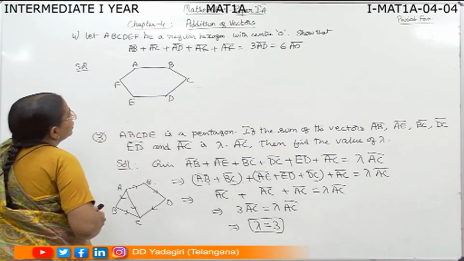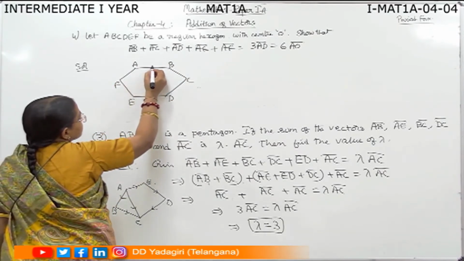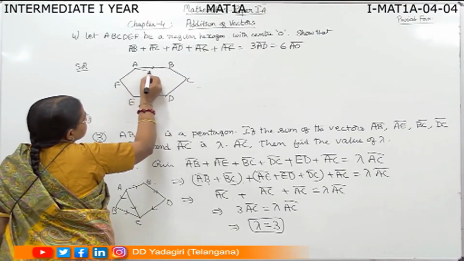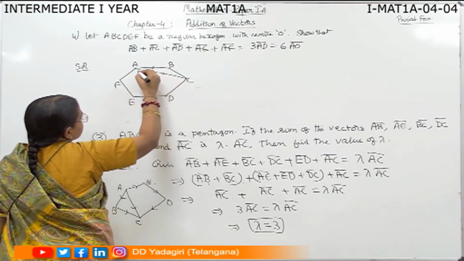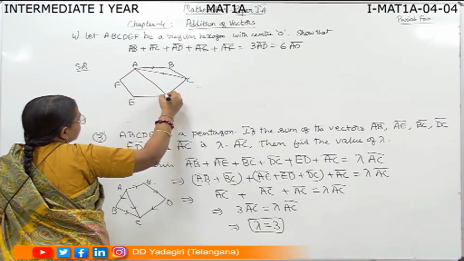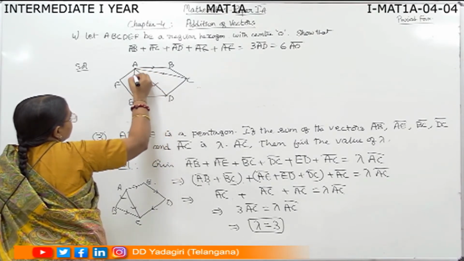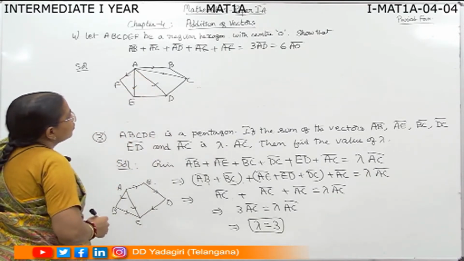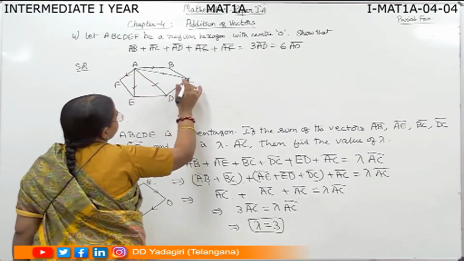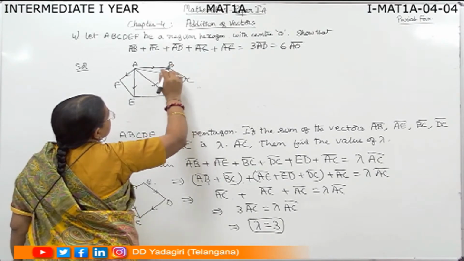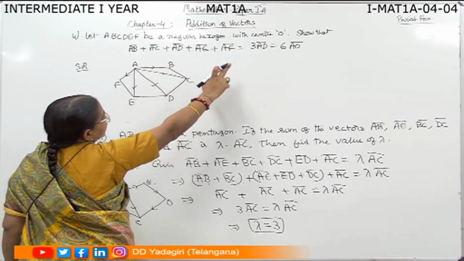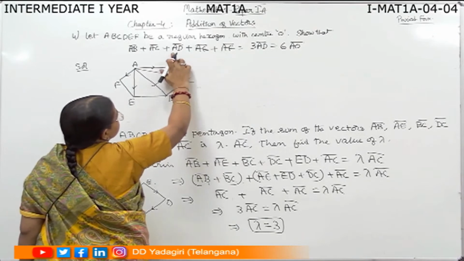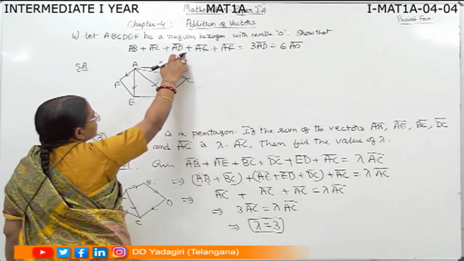Now AB, this is given. Next AC, next AD, next AE, and AF. These are all given. So now what you do is AB, you should write in terms of AD. One AD is already there, so we'll not disturb this.